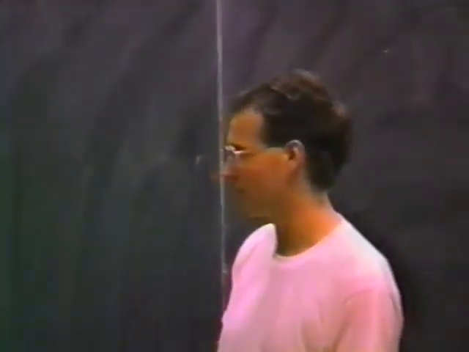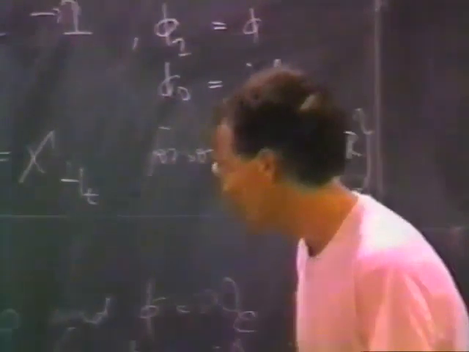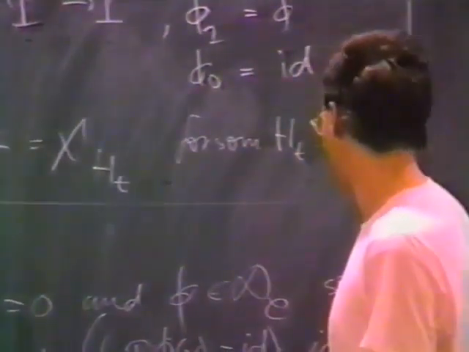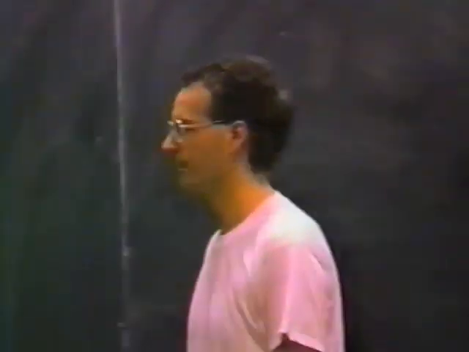And that's one way we can understand this whole Arnold conjecture: it's just generalizing something that's obvious for time-independent Hamiltonians to time-dependent Hamiltonians.